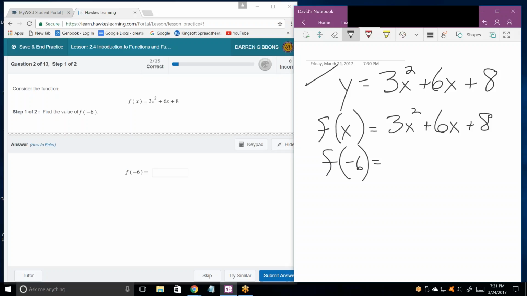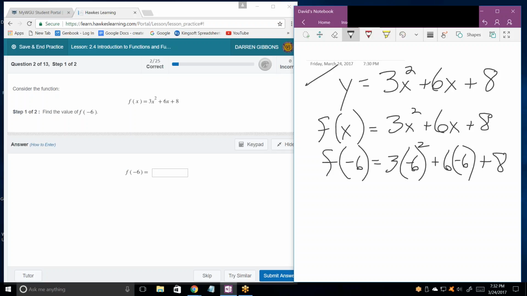So the way I recommend doing these is not to ever try to do two steps at once. In other words, just plug it in and then we'll simplify it. And always use parentheses, because sometimes they matter. In this case, they really matter, as opposed to not using parentheses.